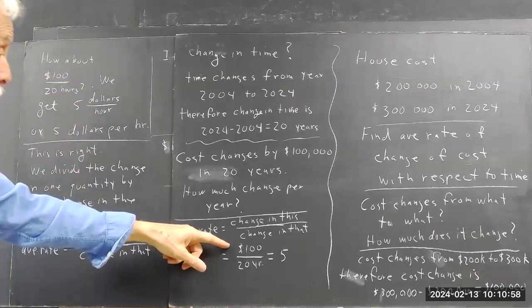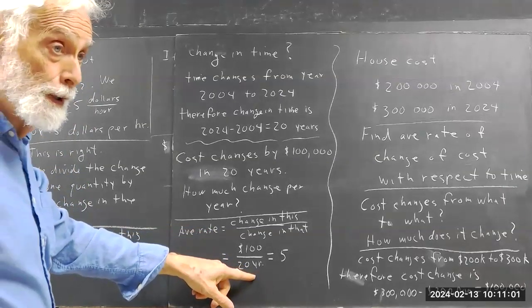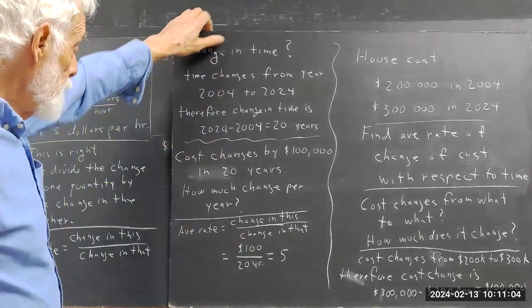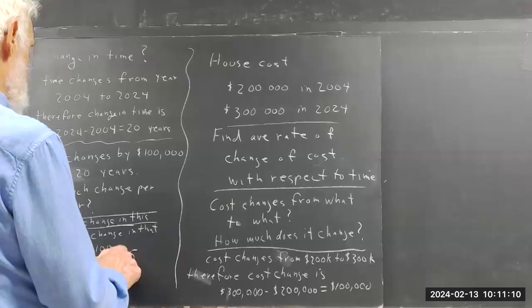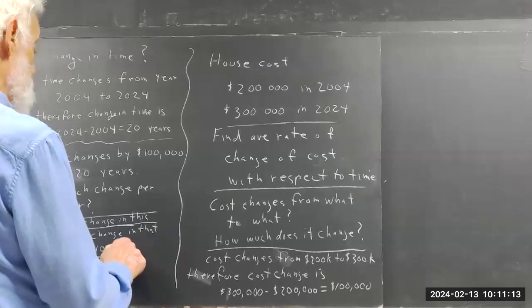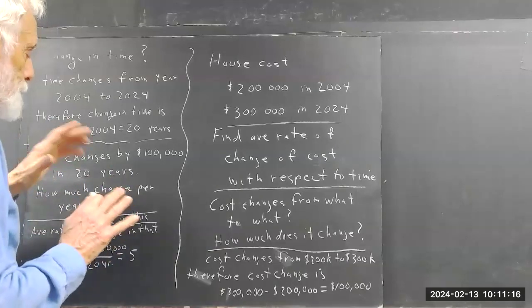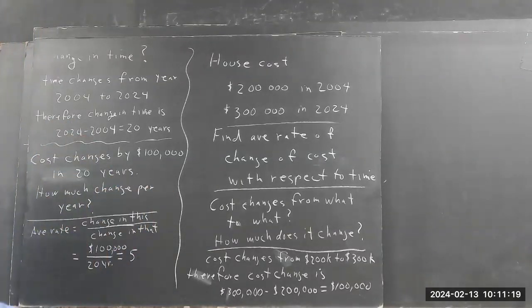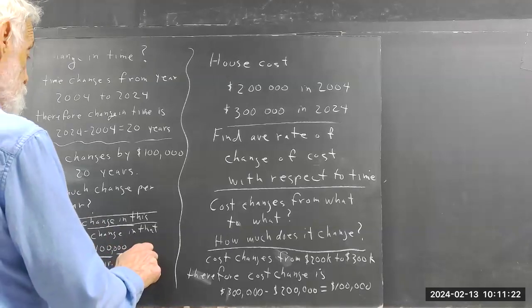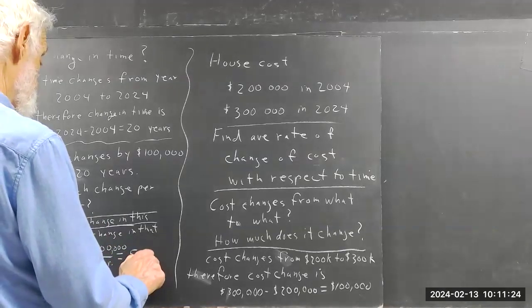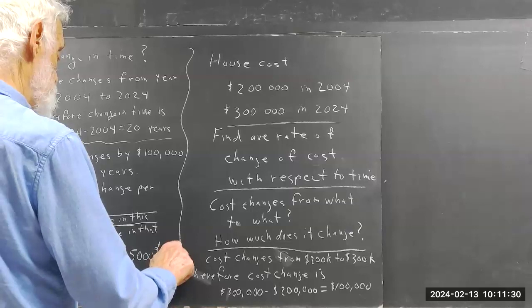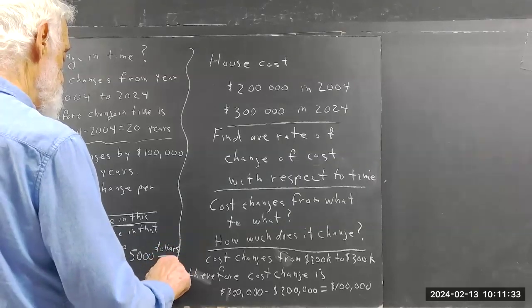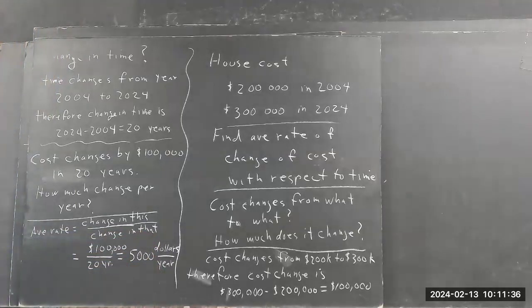Because the dollars are still in the numerator, and in this case it's years in the denominator. So we have 5. And it's actually not 100, it's 100,000, right? Okay, so I think maybe I saw somebody write down 100. It's $100,000 over 20 years, which is 5,000. There. Dollars over years, well, that's dollars per year, and that's what makes sense.